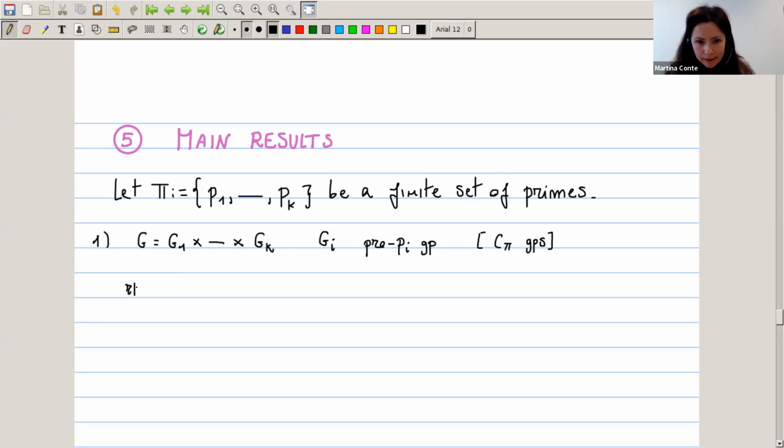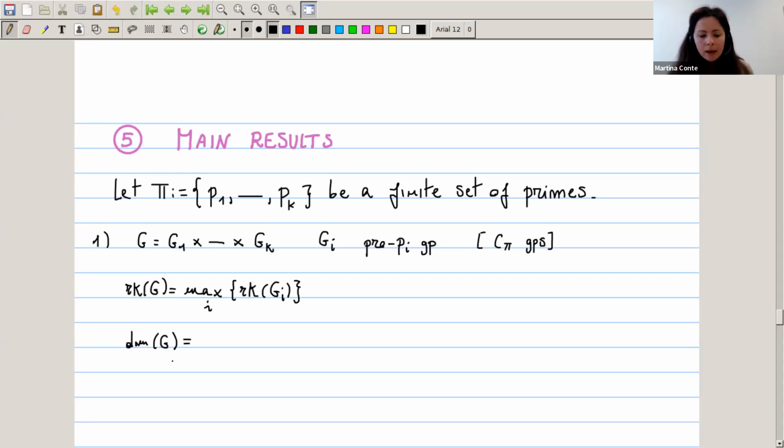One can see that in this case, the rank of G is given by the maximum of the ranks of the factors in this direct product. And what could dimension mean in this case?